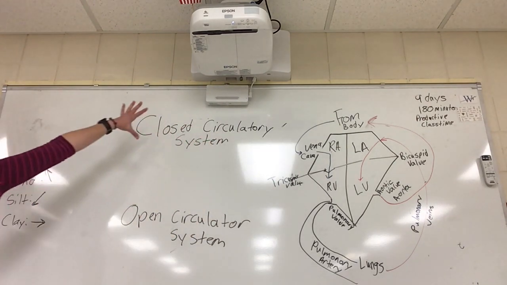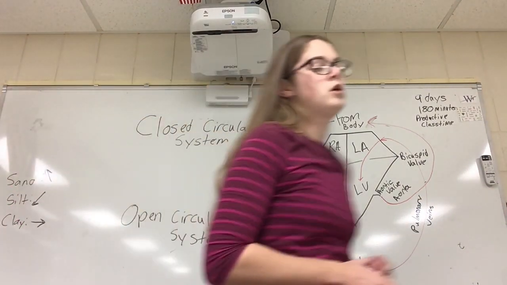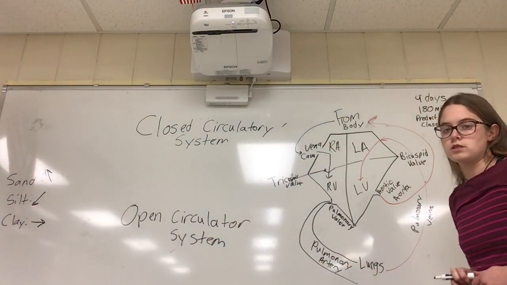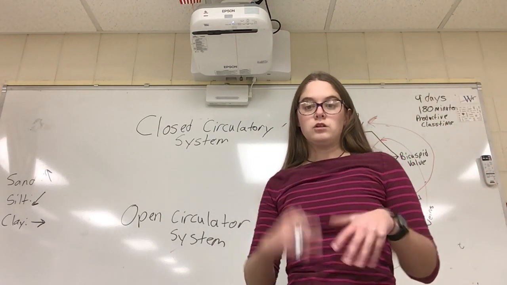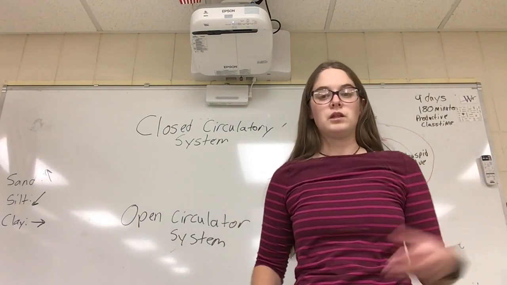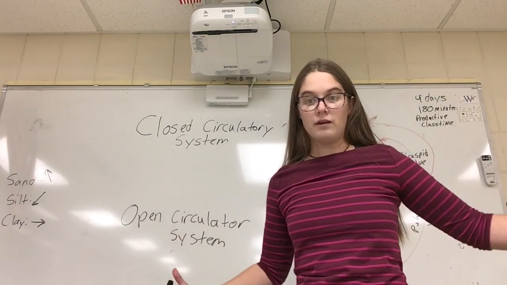So a closed circulatory system versus an open circulatory system. So a closed circulatory system is what we have. All of our blood is enclosed within veins, arteries, capillaries, blood vessels.